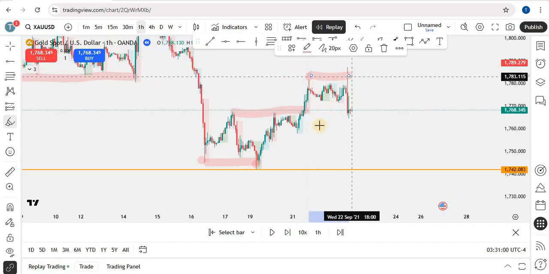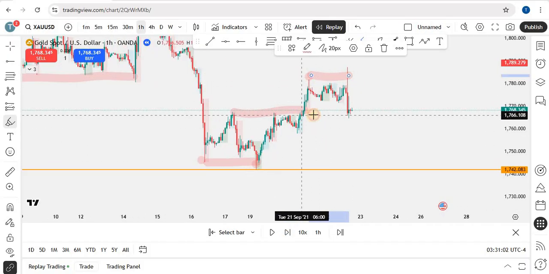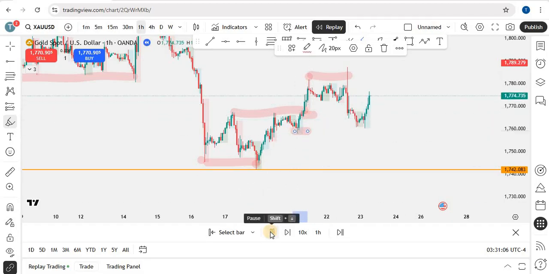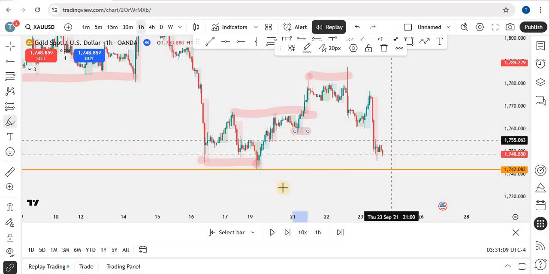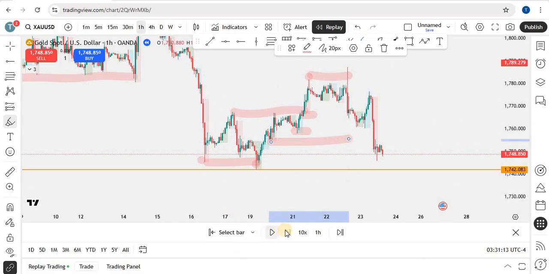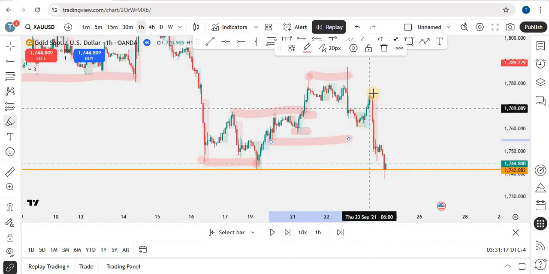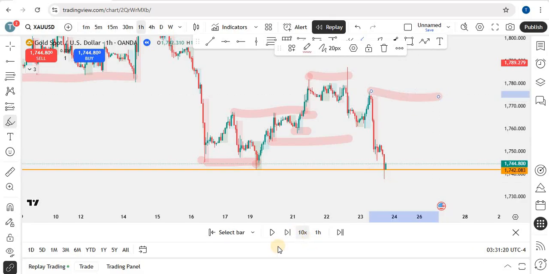Sweep nearest low, sessions lows. See, low. Now what do we have? These highs, we have these lows. You can consider internal liquidity as well.